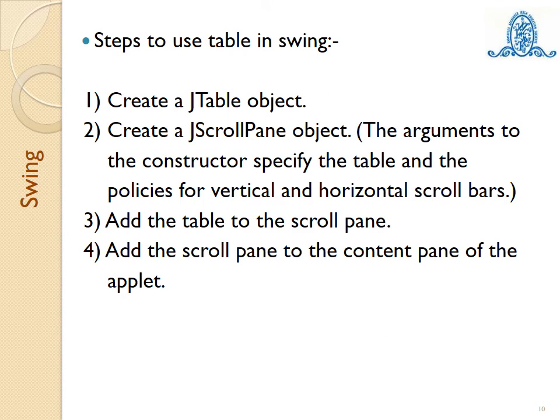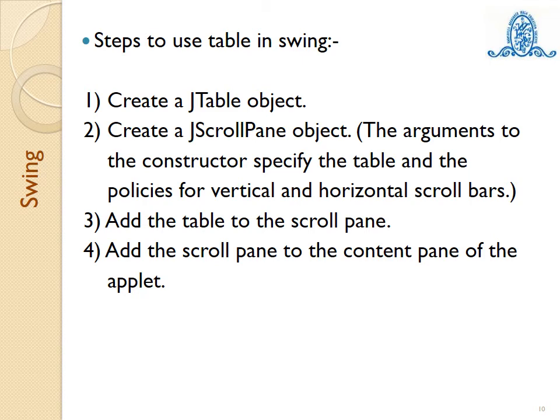Now these are the steps to use a table in Swing. The first step is to create a JTable object. Then second, create a JScrollPane object. When we create a JScrollPane object, the first parameter is the component to which the scroll pane is added, and that component is my table.